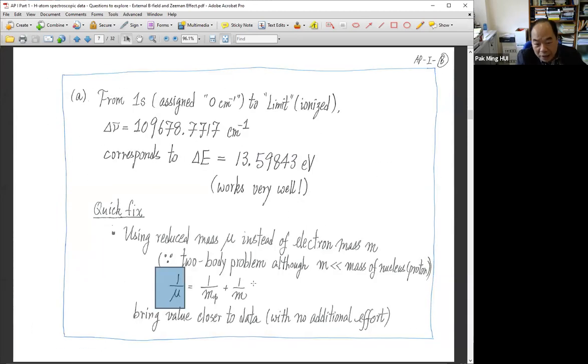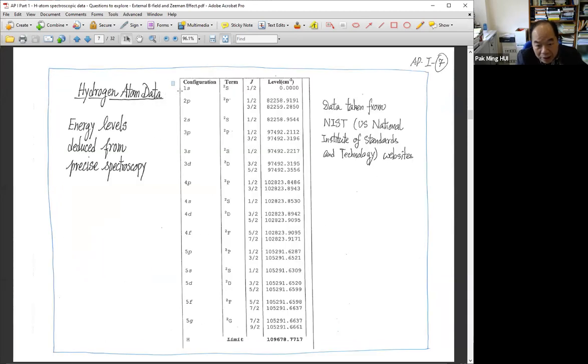But more interestingly, read this thing. What you get last term is the 2s and 2p, they should take on the same energy. Degenerate. Okay, 8 states, including spin. Look at this number, 82258, almost 82259.